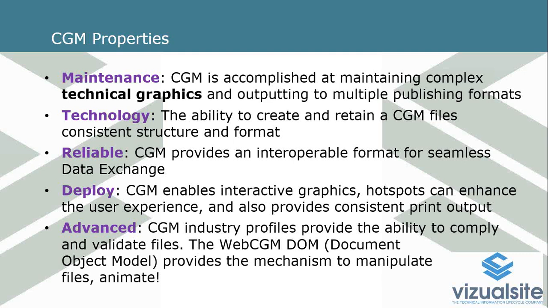The technology that surrounds CGM really has to have the ability to create and retain the CGM files in a consistent and structured way and format retained. So that is important if we're going to interchange files, because data exchange is key to the CGM format. It needs to go out perhaps to third parties and suppliers, so it needs to be interoperable. That's one of the main requirements of the format, which it does.